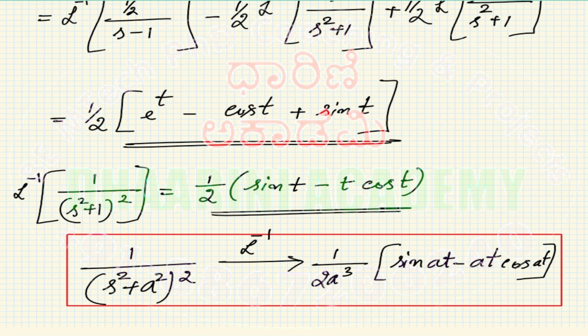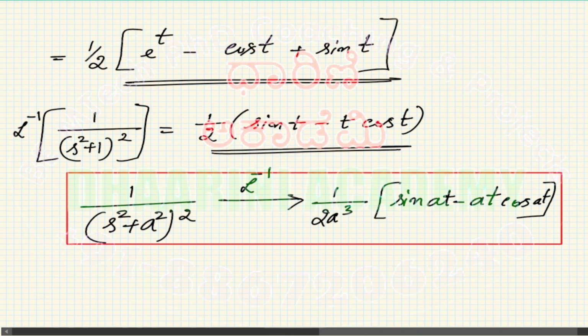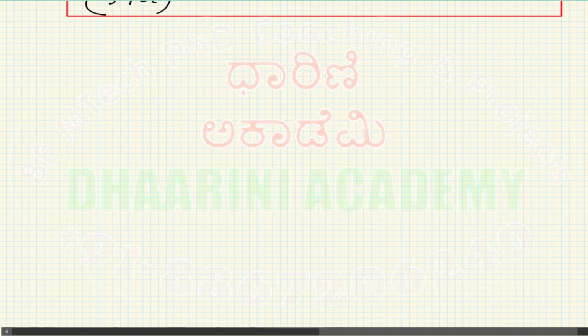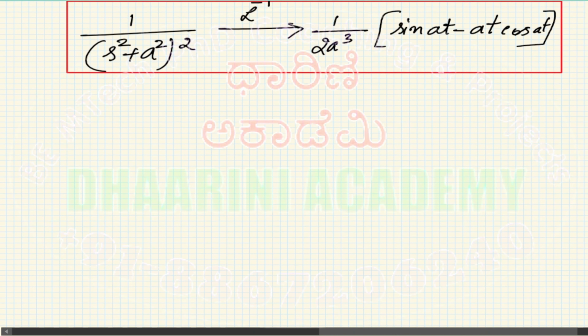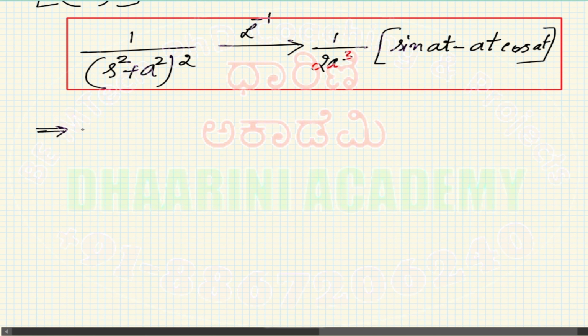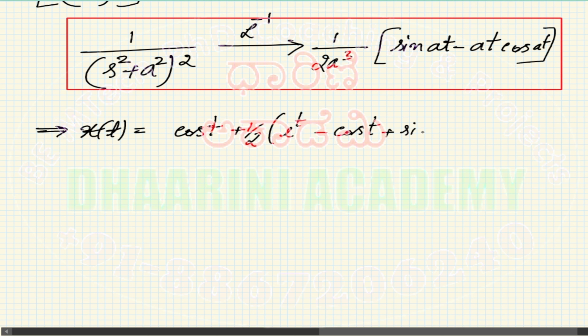Right. So clubbing all together, this implies the function x of t we are calculating. First term we got cos t, and the second term we got plus half e to the t minus cos t plus sin t.